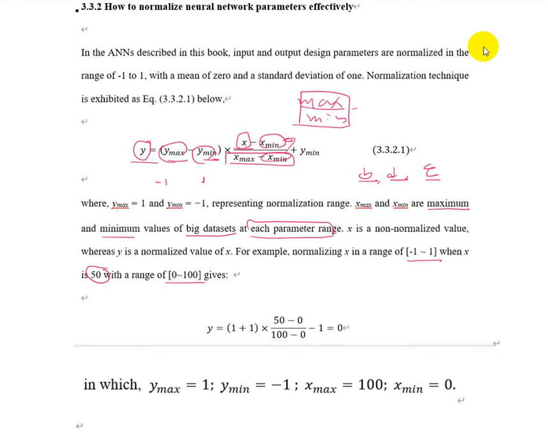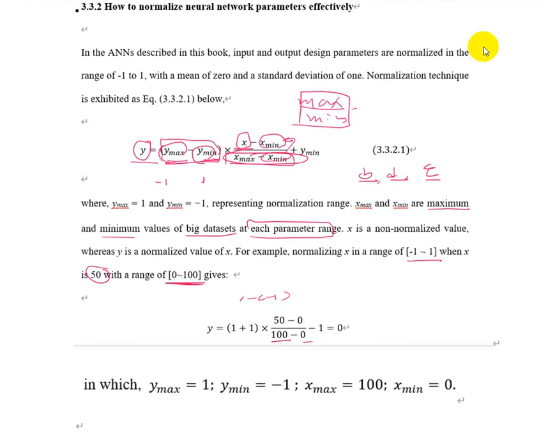So here y max minus y min, therefore 1 minus minus 1, is plus 2, right? This is the range that you want your big data to be normalized into. The denominator is the range of the big data before normalization, so that's 100 minus 0.